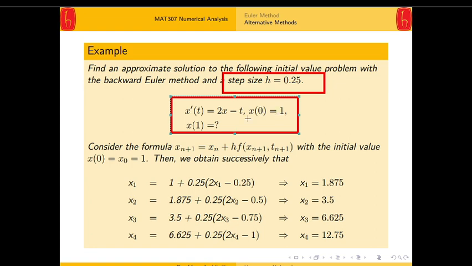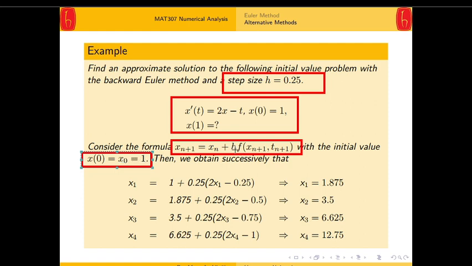This is the initial value, and what we want is x of 1. So what is the x value at t is equal to 1? So this is the question mark. We consider this formula from the backward Euler method, with the initial value x0 is equal to 1.